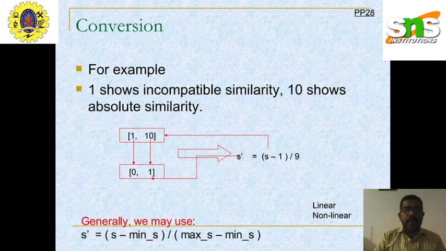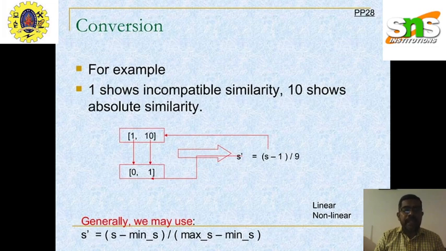And then, what is the conversion that happens in the similarity measurement? Earlier, the one showed incompatible similarity in the range of a 1 to 10 scale. So this purely depends upon the scales, how much relevance there is between the queried and retrieved data sets.